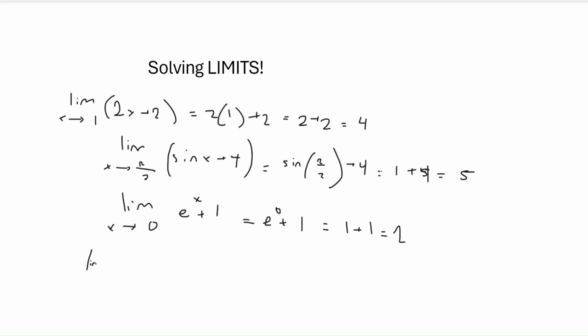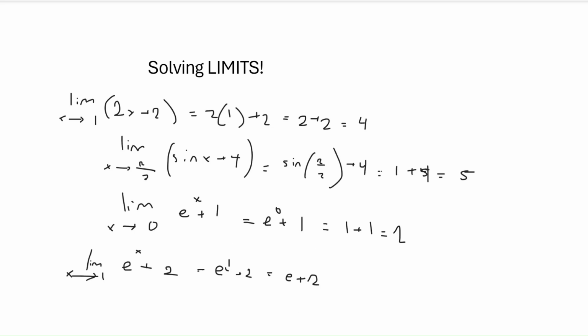So if we have the limit as x approaches 1 of e to the x plus 2, well, e to the first power plus 2 would really just be e plus 2. So the answer doesn't have to be just a sole number. You can have stuff like this.